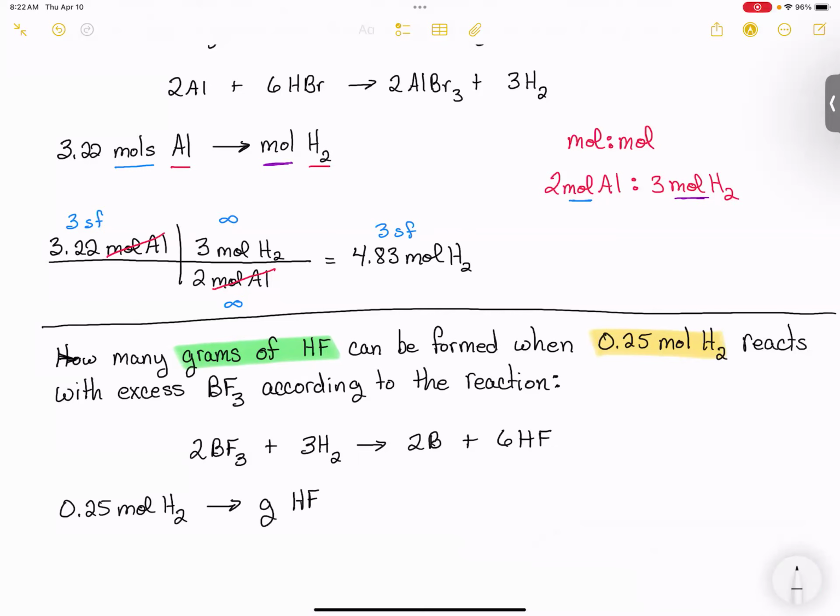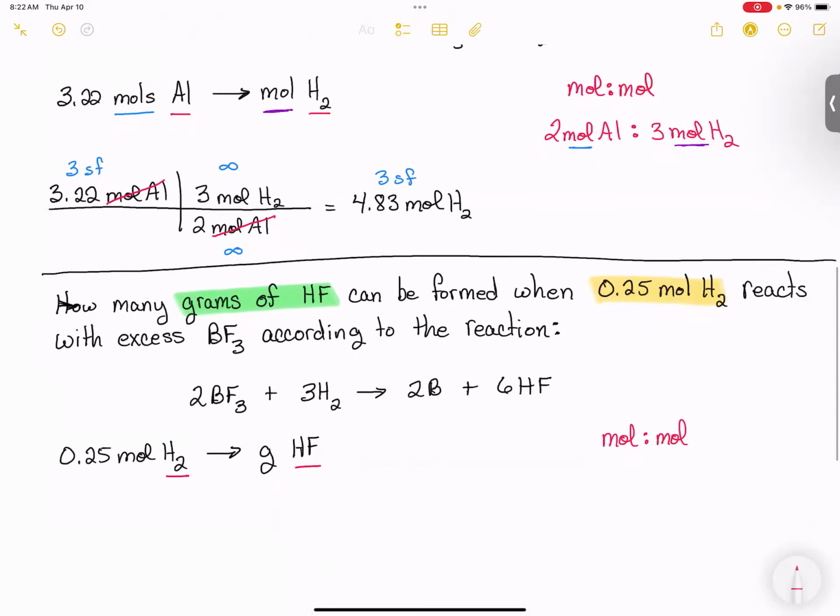Now we break it down. The very first thing is that we are dealing with 2 different formulas. 2 different formulas means you're going to need a mole to mole ratio. This one is going to come from the balanced chemical equation, which says 3 moles of H2 produce 6 moles of HF.